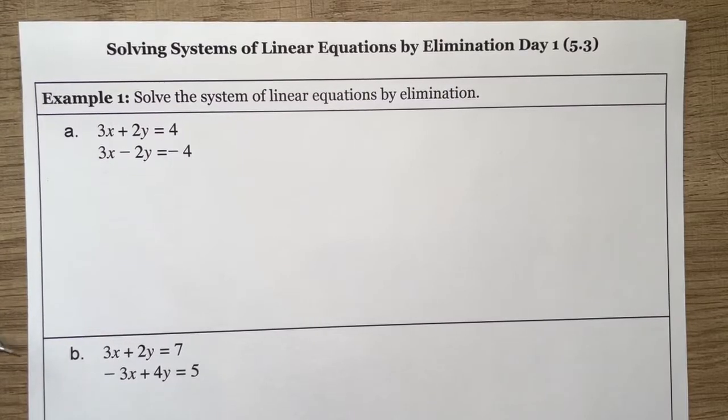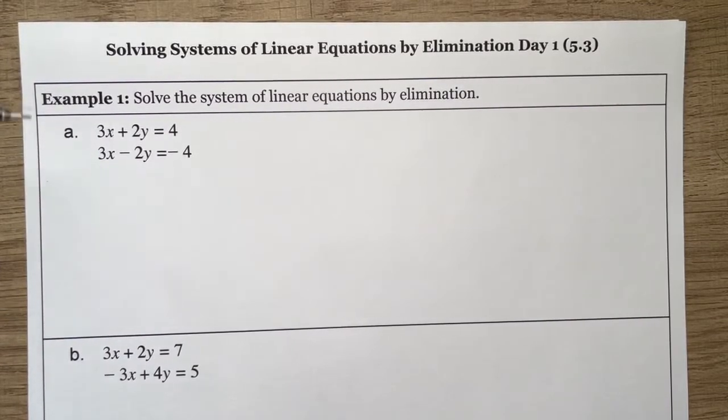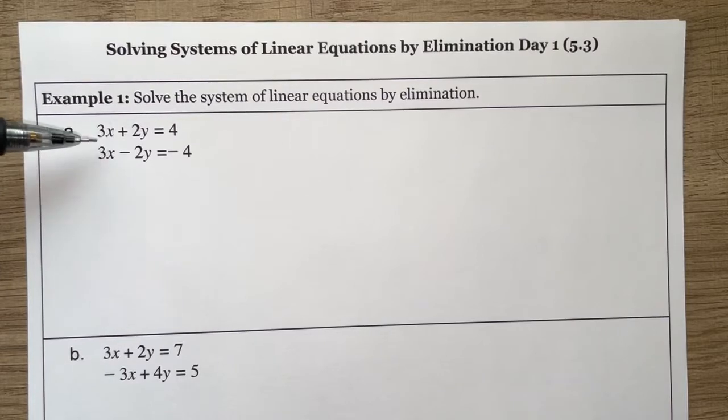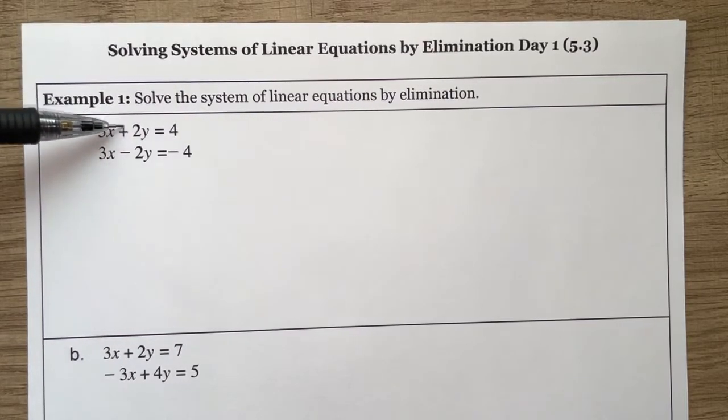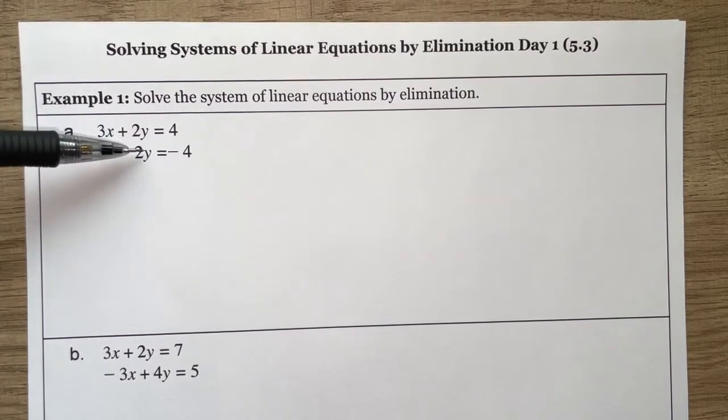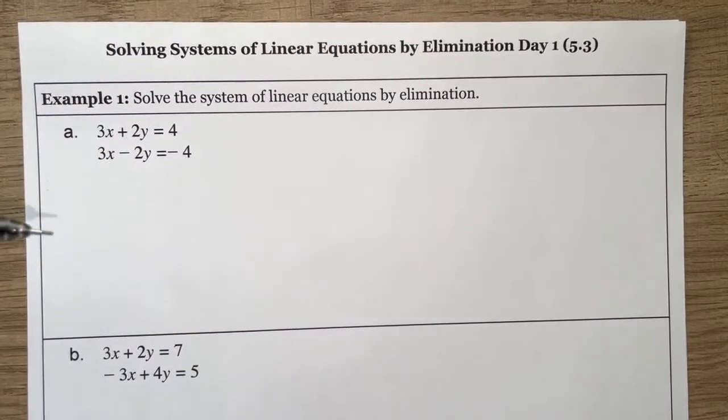It's a little bit easier if the coefficients are the same number but opposite signs. Our x's both have a coefficient of positive 3, and the y's have coefficients of positive 2 and negative 2. This is ideal, where they're the same number but different signs.